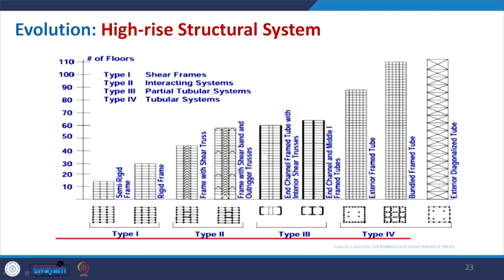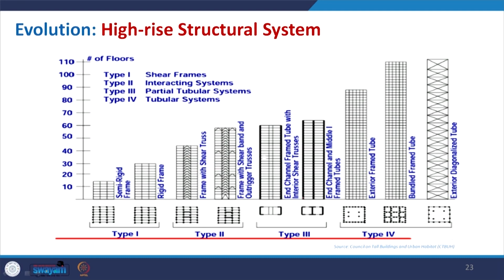With the frames, you include the truss, and that becomes your interacting system in type 2. So, with your frame you just include the shear truss. Here also is framing with the shear band and outriggers, which we will discuss in detail.